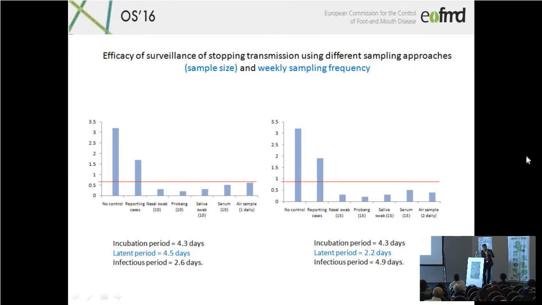So the risk of transmission is lower because farms are less densely populated, so there's more distance from one to the other. Maybe we should consider that, even if we don't do vaccination, we can consider this preclinical surveillance of subclinical infection. This could be an option we can evaluate. And we can use, for example, saliva swabs to do that. We need to visit once a week, take 10 samples, and test them.